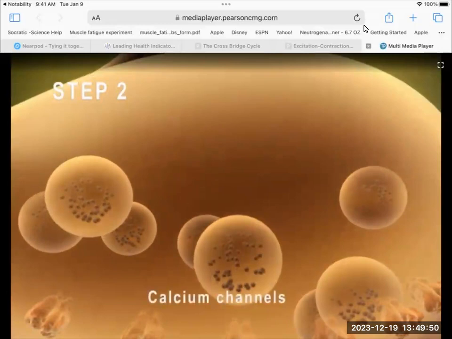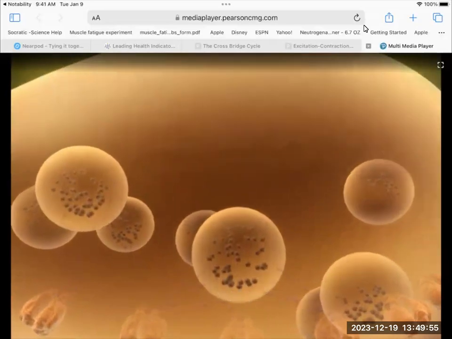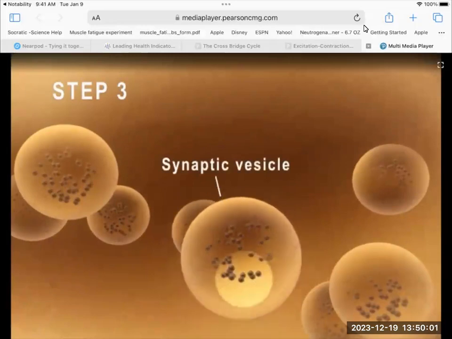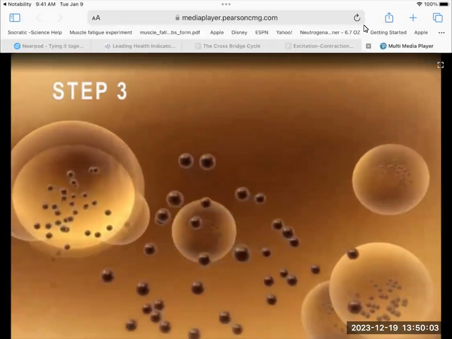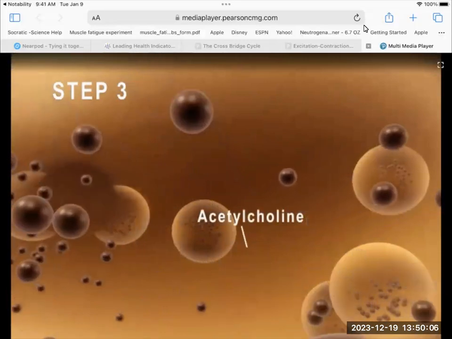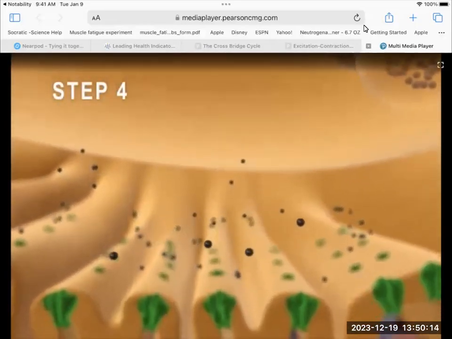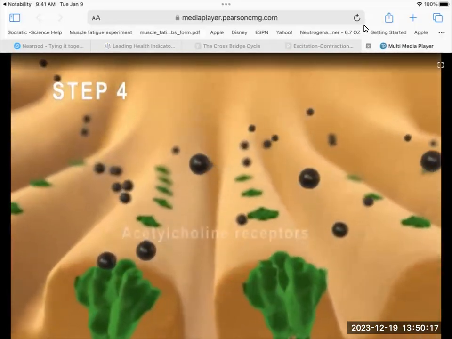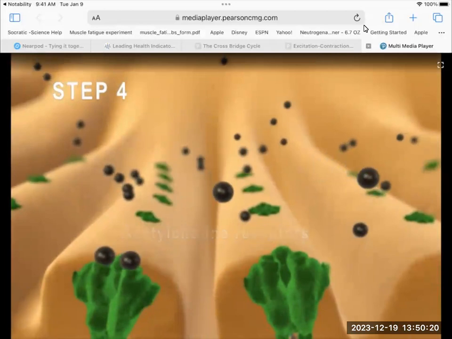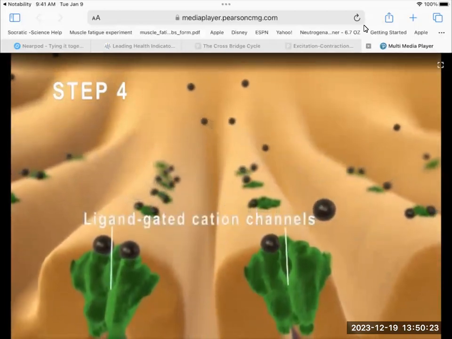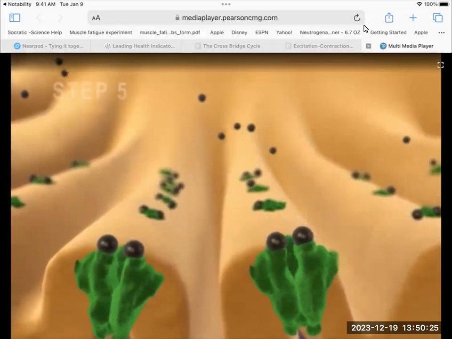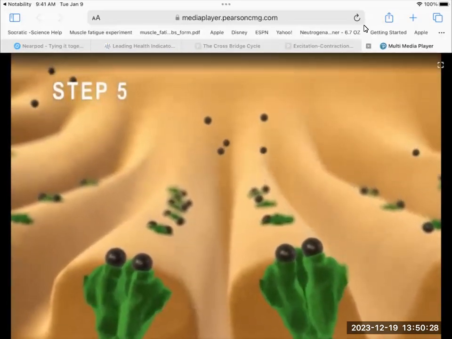Voltage terminals open. The calcium diffuse into the terminal. Step 3. Calcium entry causes synaptic vesicles to release acetylcholine via exocytosis. Step 4. Acetylcholine diffuses across the synaptic cleft and binds to acetylcholine receptors, which contain ligand-gated cation channels. Step 5. These ligand-gated cation channels open.